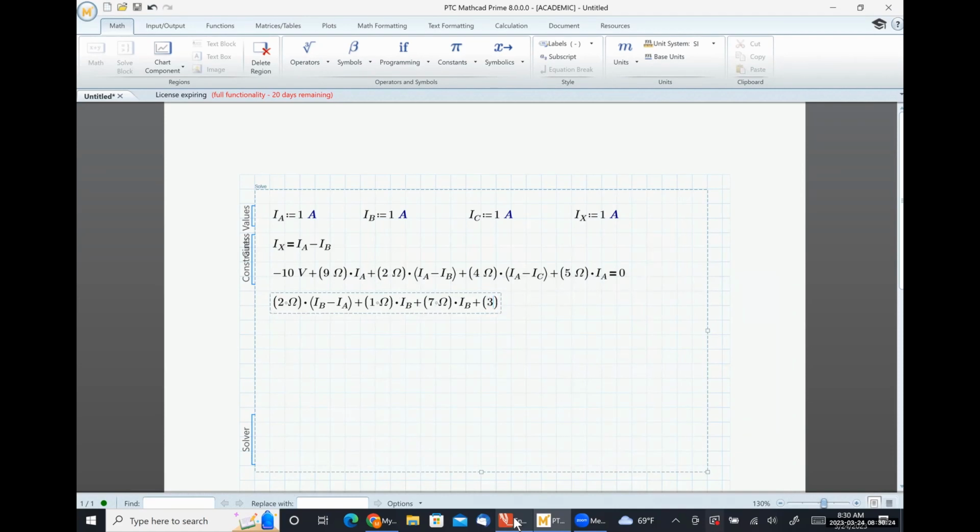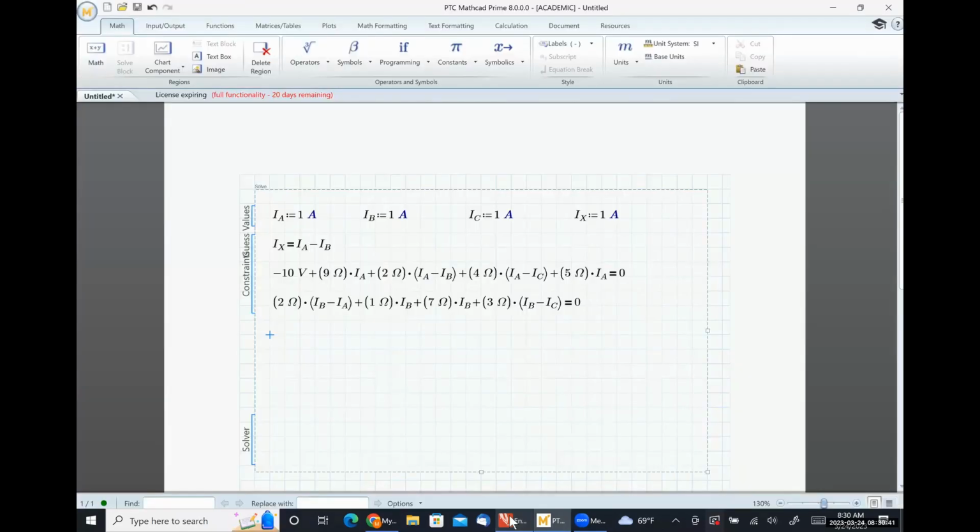Hitting shift too early. 3 ohms times IB minus IC. Control equals to 0. And then we have our fourth equation.